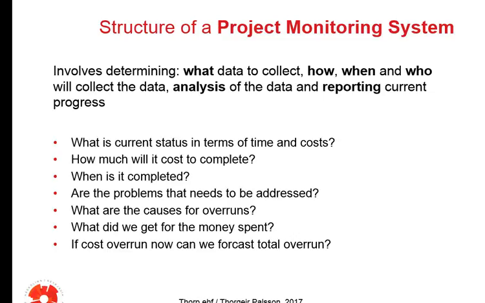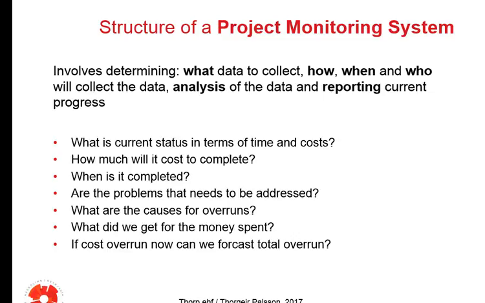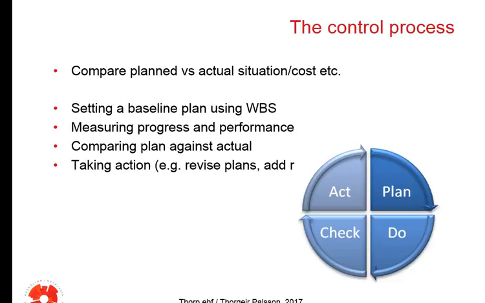So what we need to have is a system that addresses those questions and many others. And we call it the control process, or as you can say, a project monitoring system. Don't get too focused on what kind of a system it is.